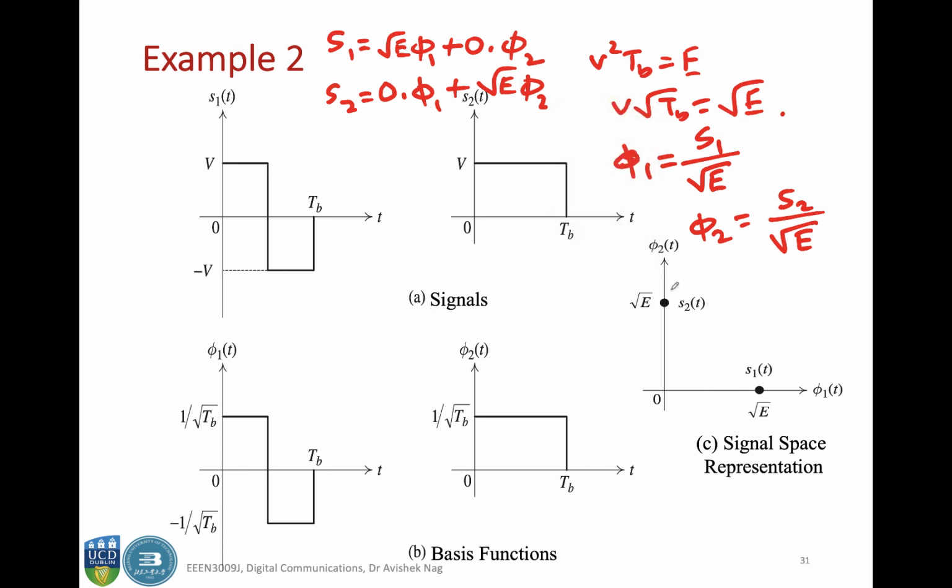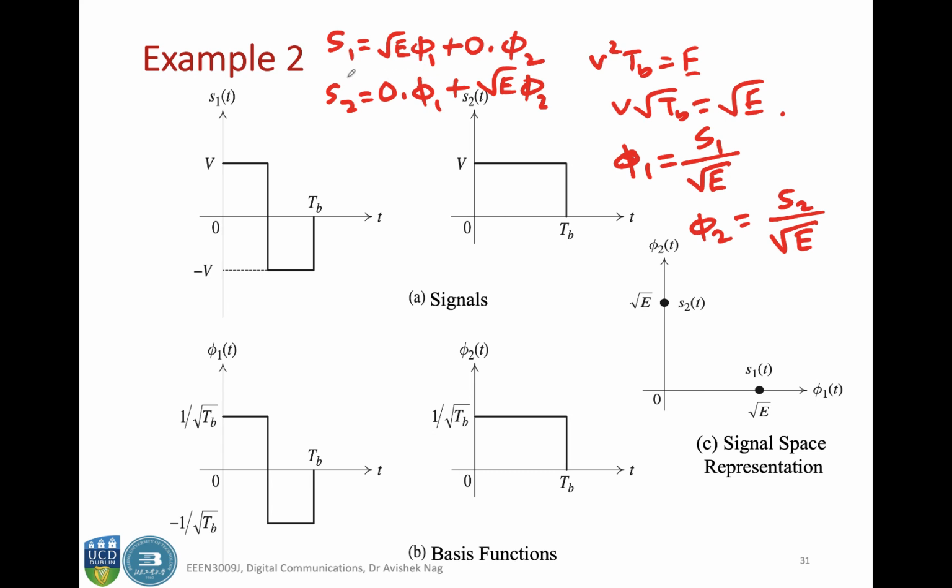So if you see, it's also a two-dimensional signal space. If you work out through Gram-Schmidt and try to find out phi 3, you will find it as 0. So phi 1 and phi 2 are enough for representing these two signals, S1 and S2.